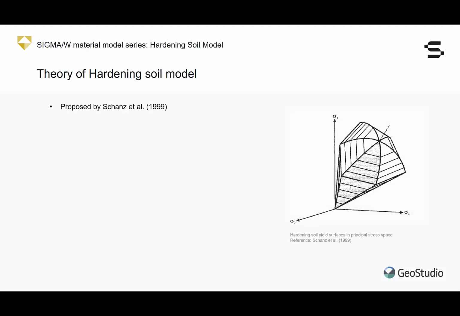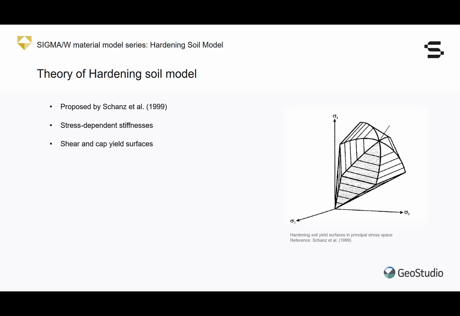The hardening soil model was proposed by Schanz, Vermeer, and Bonnier in 1999. It was formulated on the framework of the classical theory of plasticity. The formulation comprises 3 stress-dependent stiffness quantities and 2 yield surfaces, one that resembles a hexagonal cone and a second that resembles the tip of an ellipsoid.